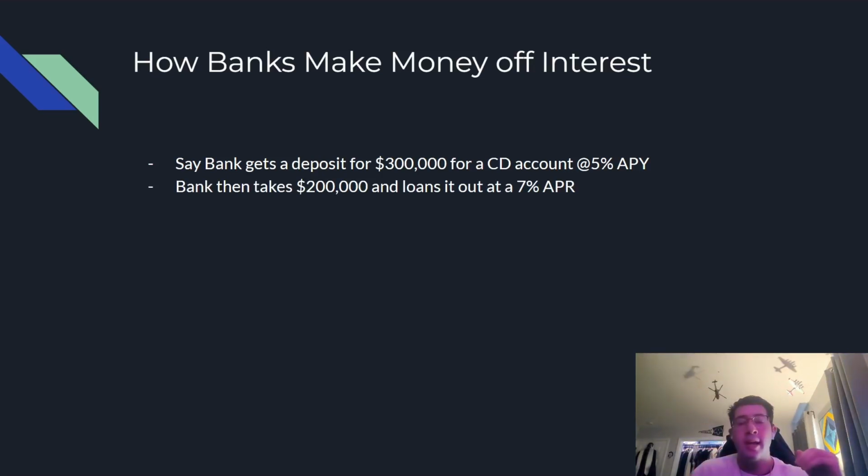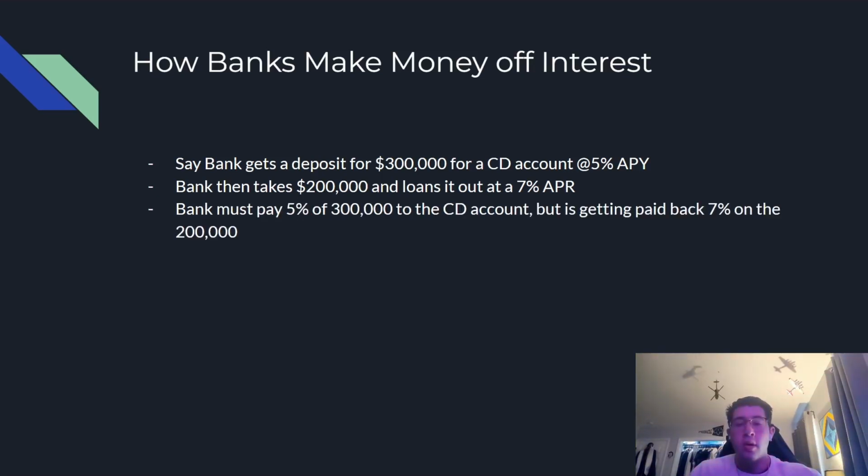The bank will then take some amount of that deposit. So, for this example, let's say they take $200,000 and they're going to loan it out to someone else at a higher interest rate, annual percentage rate, not annual percentage yield, at 7%. So, the bank, since you put your money into the CD account, must pay you, and the interest rate of the CD account is 5%, right?